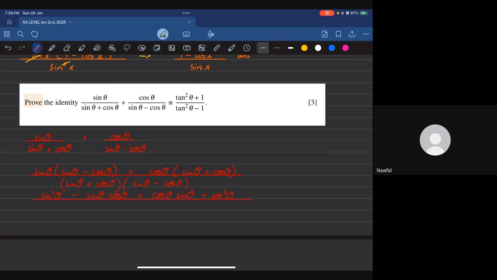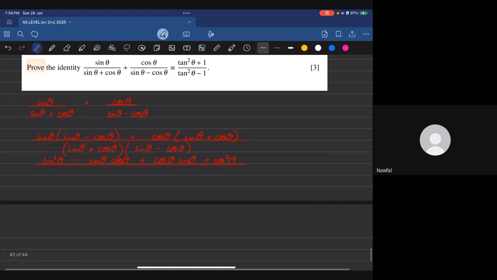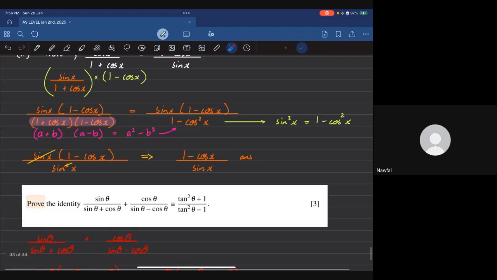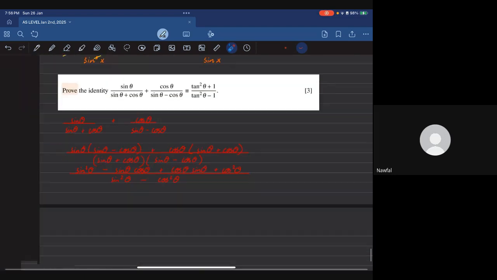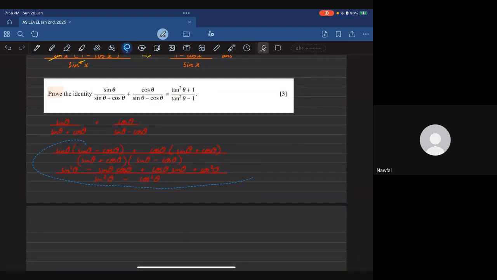Now at the bottom, sine theta plus cos theta times sine theta minus cos theta can be written down as sine square theta minus cos square theta. It's a square minus b square. Always remember. Yes. Now if I've simplified this further, I'm going to have to simplify the above part.